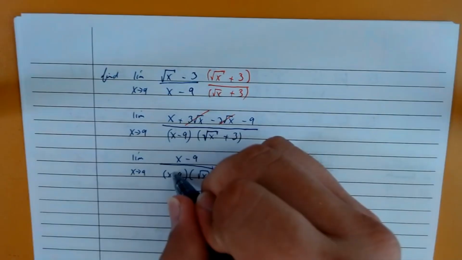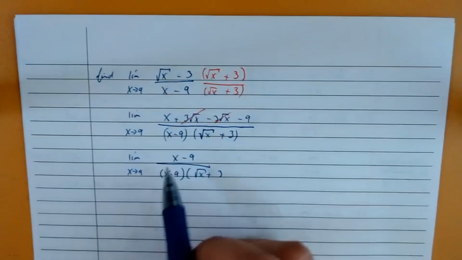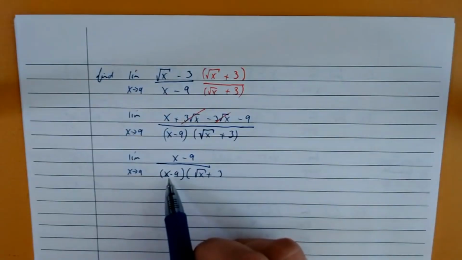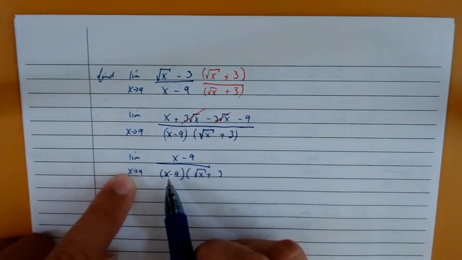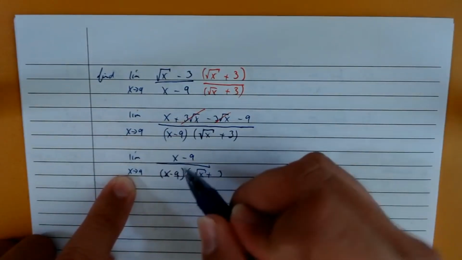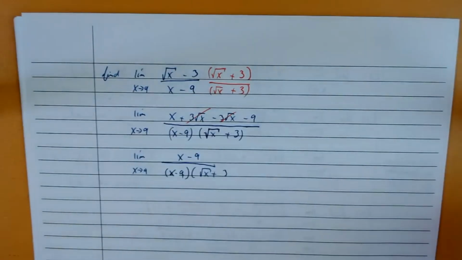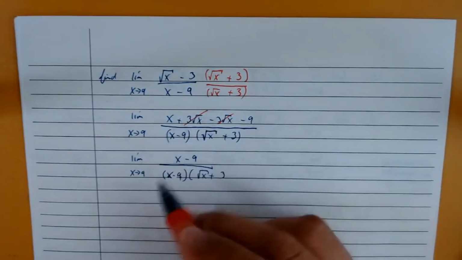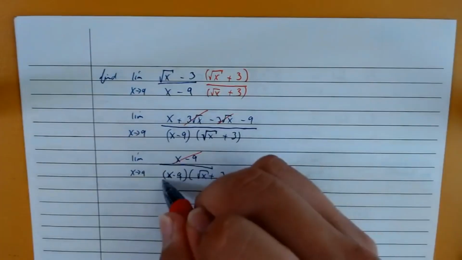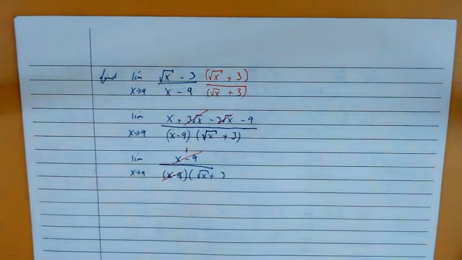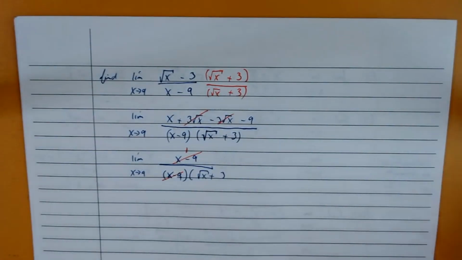X minus 9. There you go. So now, as long as you're not plugging in the number 9, which you're not, you're plugging in numbers close to 9, as long as you're not actually plugging in the number 9, these two divide away. Now, if you do plug in the number 9, that's 0 over 0, which is undefined. But we're not going to plug in the number 9. So that's okay. We can divide those away.